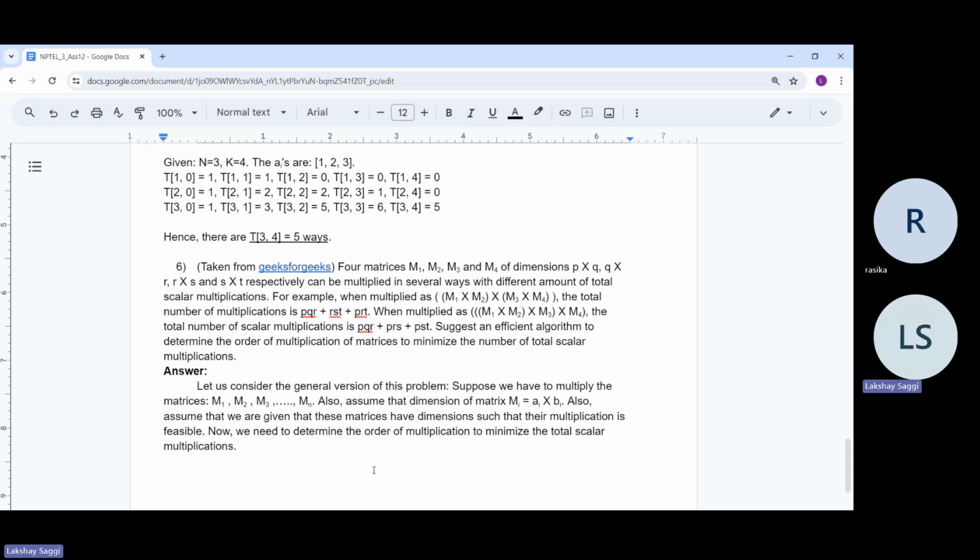So we need to minimize the number of total scalar multiplications. And how do we multiply the matrices so that this is minimized?